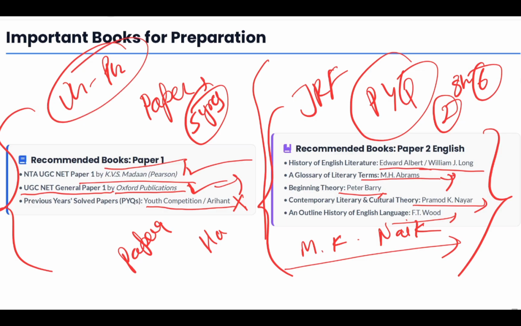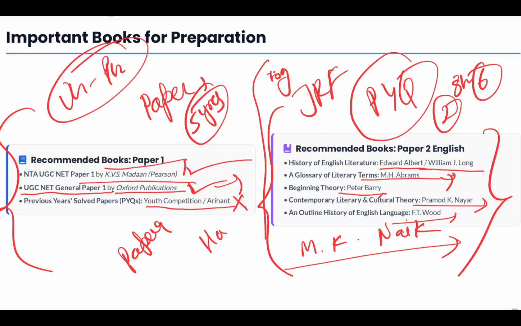Go thoroughly, read smartly, and within 6 months you can easily qualify this examination. But try to be regular and consistent, because consistency is the key and revision is the key. And PYQ, as I said, is the Bible of the UGC NET examination. If you want to qualify, you must focus on previous year's questions.